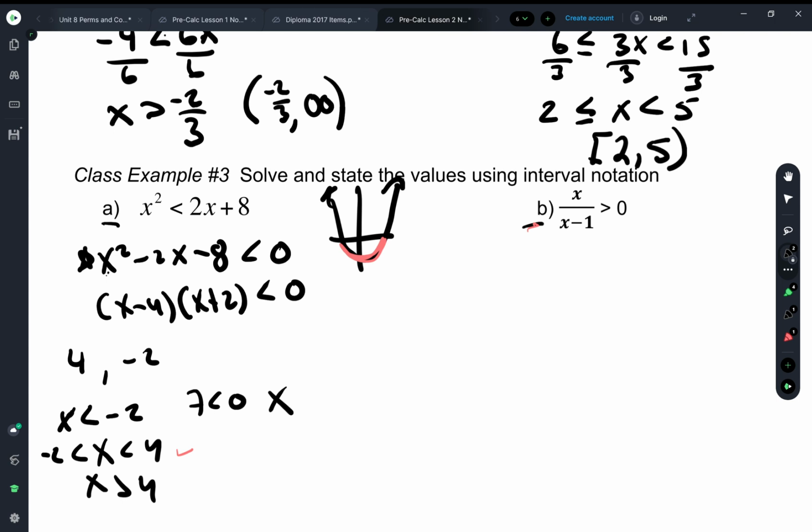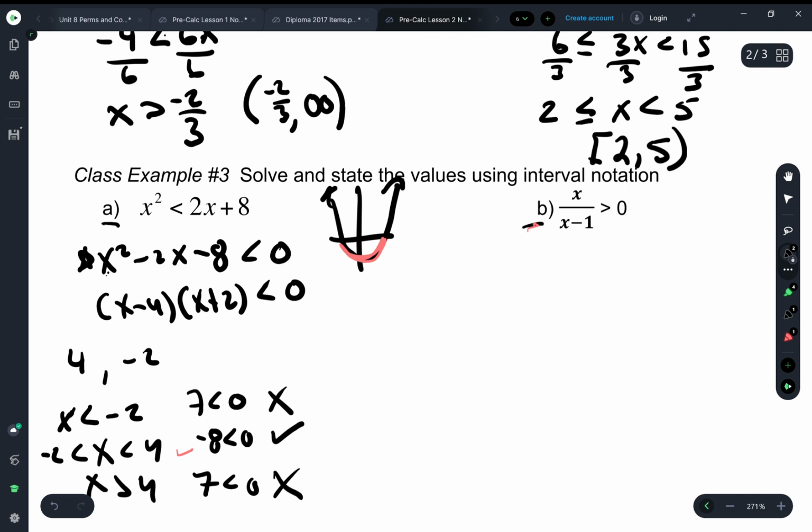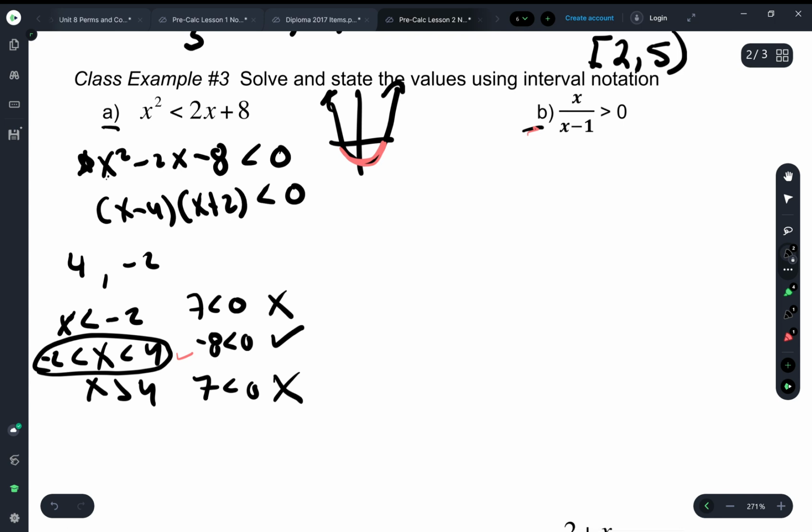Put a 0 in, I get negative 8 less than 0. That's good. Try something bigger than 4. Let's try 5. 25 minus 10 is 15, minus 8 again, I get 7. No. So this is your interval where the answer is. You would write that as negative 2 to 4 with rounded brackets.